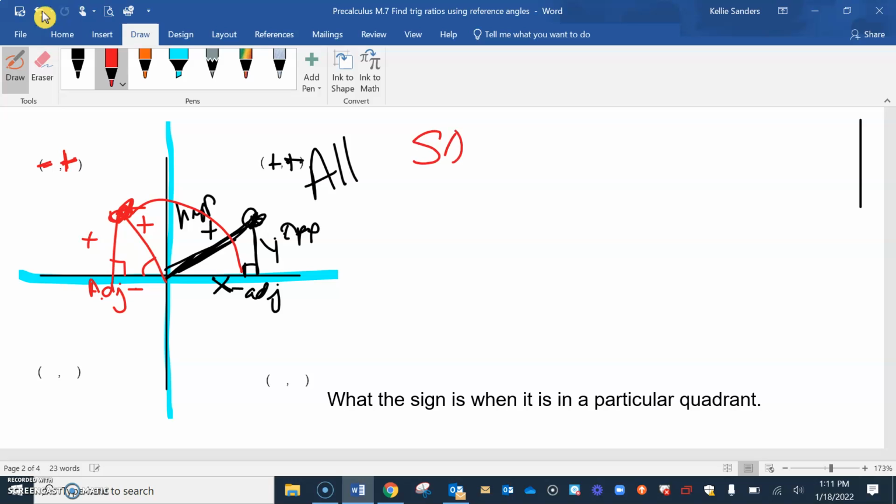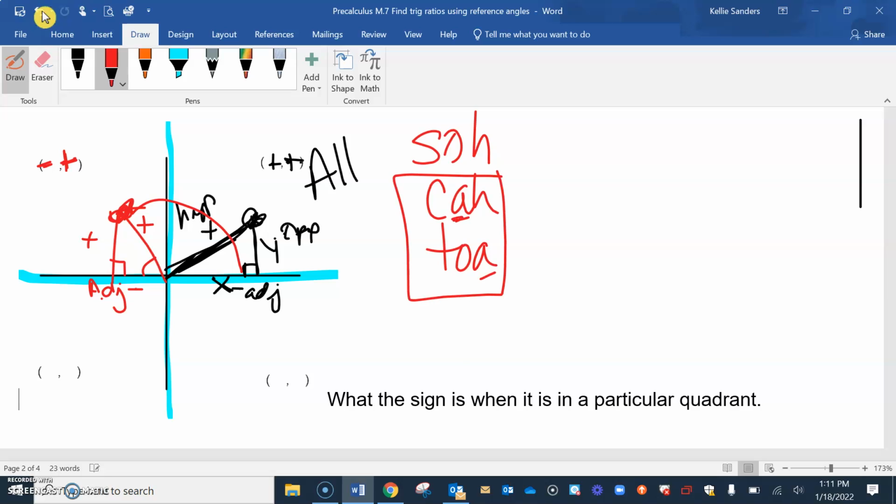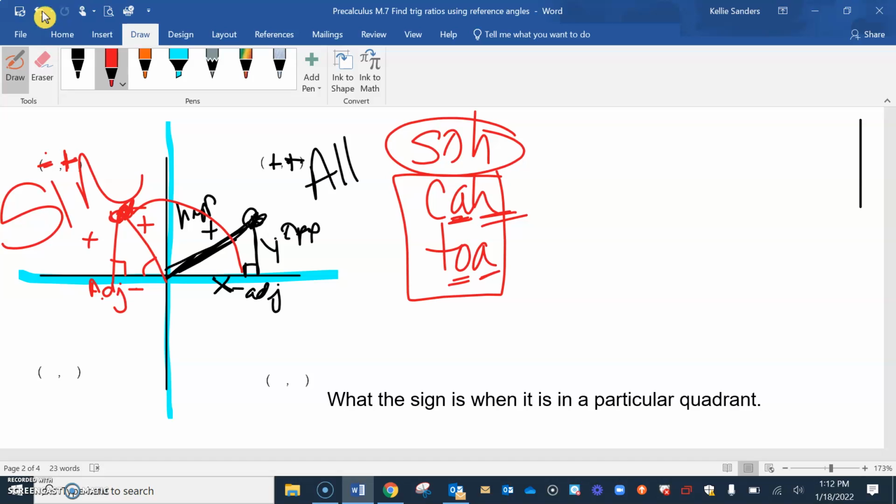And if sine, cosine, and tangent have your adjacent, then these are going to be negative, because it'd be a negative over a positive and a positive over a negative. And so the only thing that's going to be positive in the second quadrant is sine. Okay, so everything's positive in the first quadrant, no matter how big the angle is. The only thing that's positive in the second quadrant is sine.